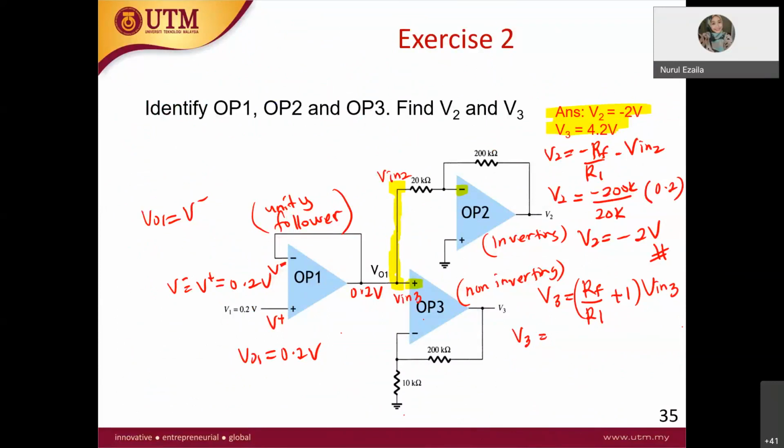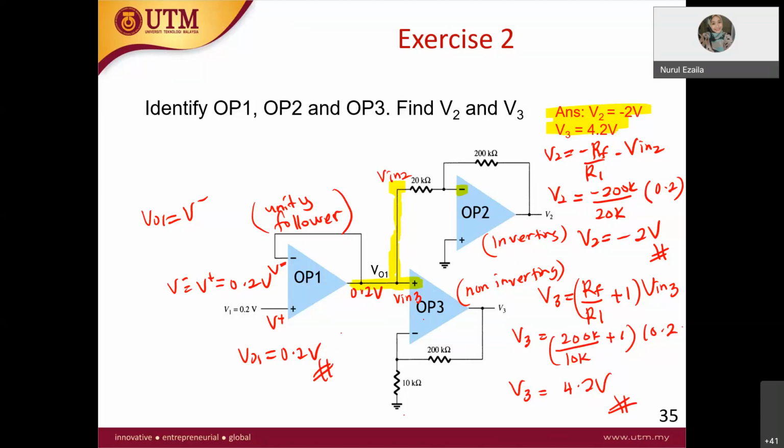V in 3 is connected to the same node here, therefore V in 3 is also 0.2. So RF is 200K over R1 is 10K, plus 1, times 0.2. I hope my answer is correct. Is it 4.2? Is 4.2 correct? Yes.